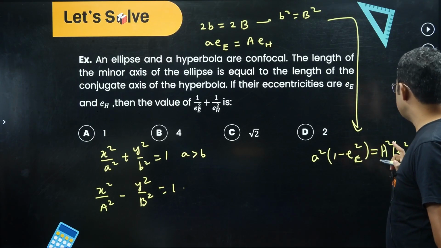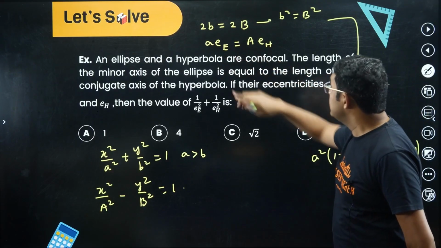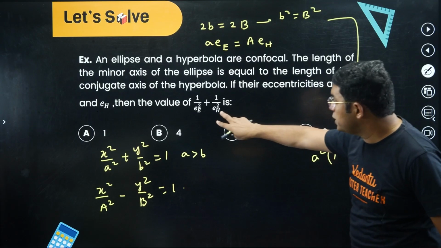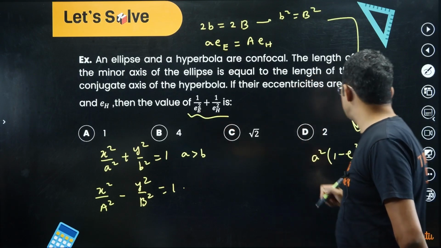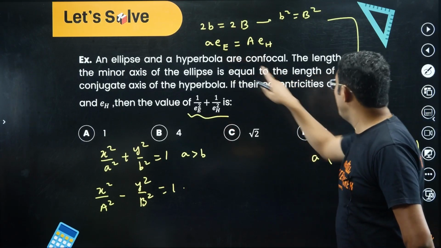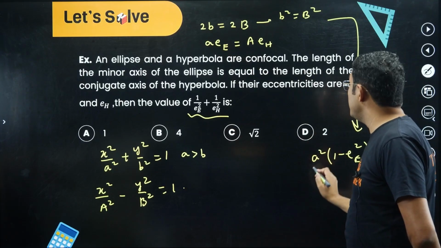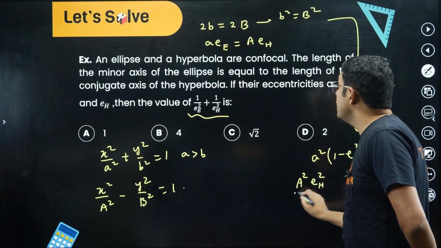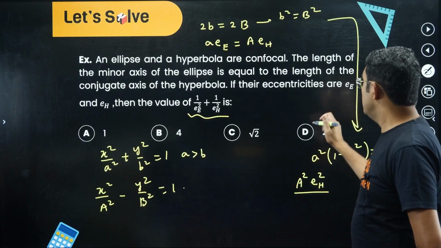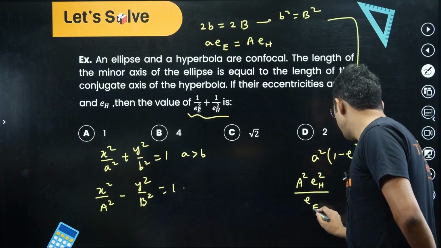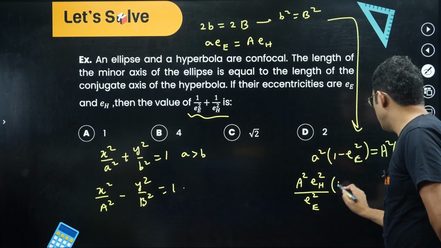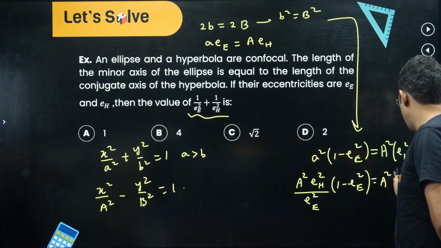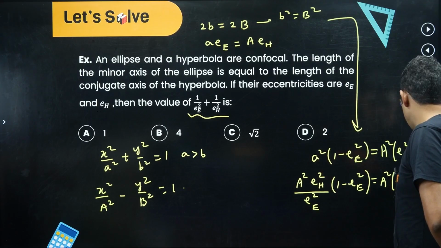Okay, now using this I think we can find whatever we are looking for. We are looking for the relation between the eccentricities, so it will be better if I write small a in terms of capital A. So small a square will become capital A square into EH square upon EE square, into 1 minus EE square, and that is equal to capital A square into EH square minus 1.